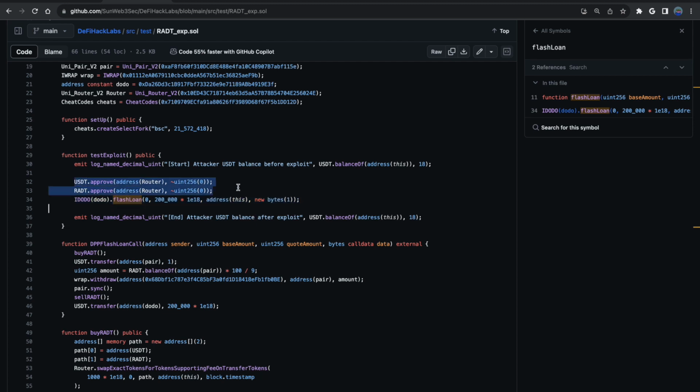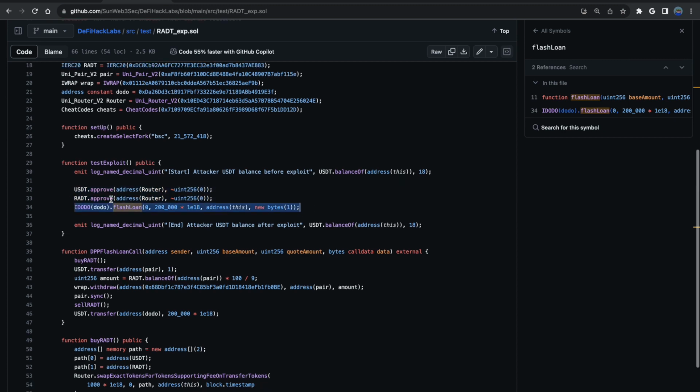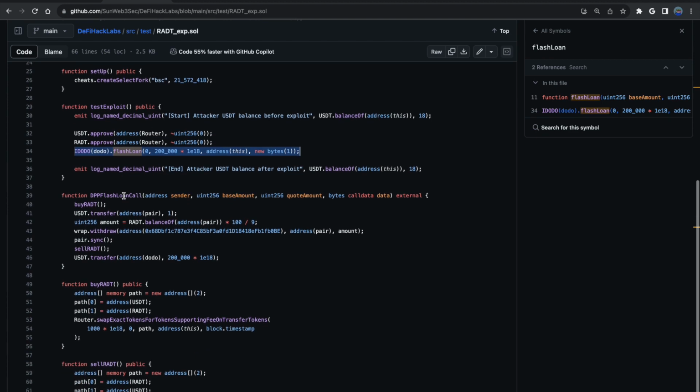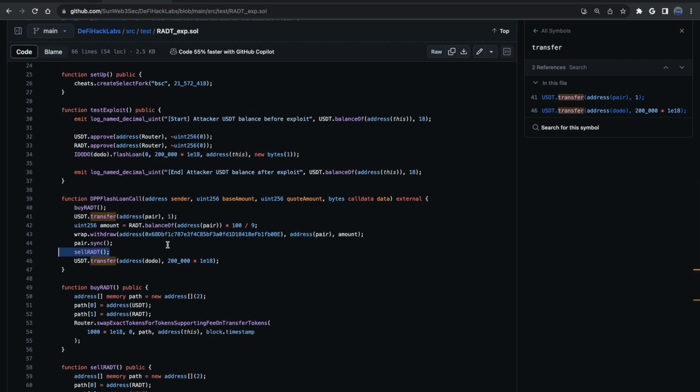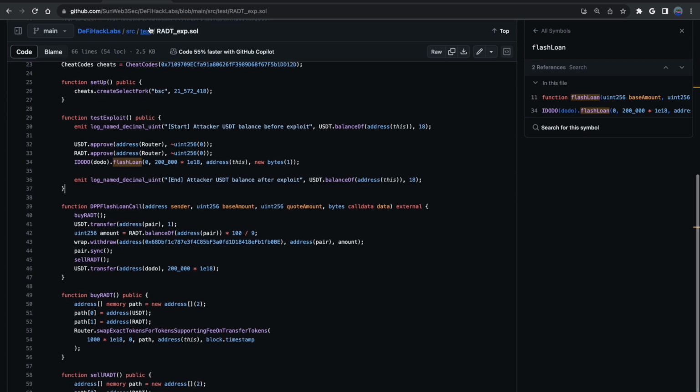So we have the attackers approving the router and then also calling a flash loan to the RADT contract, which allowed them to buy some RAT, transfer it, and then withdraw one of the tokens from this token pair, and then sell RAT, which ultimately resulted in them gaining some type of arbitrage because of this Oracle manipulation from this flash loan, resulting in the attacker running off with about 100K worth of funds.